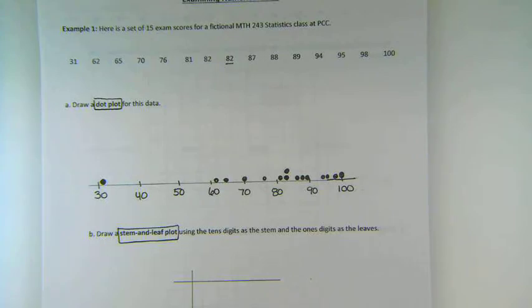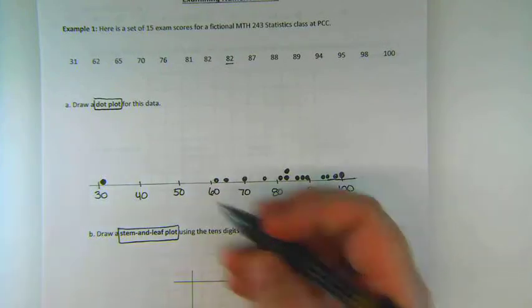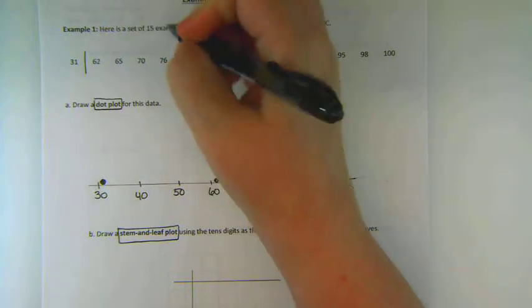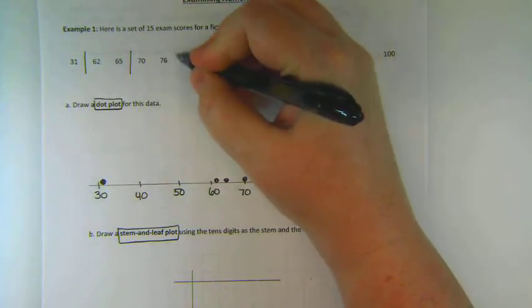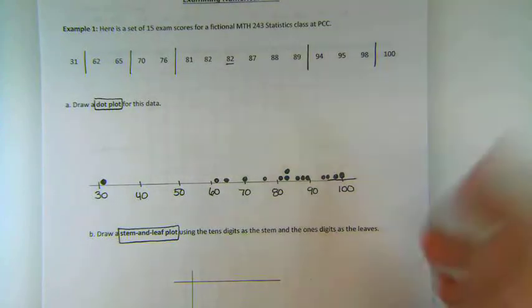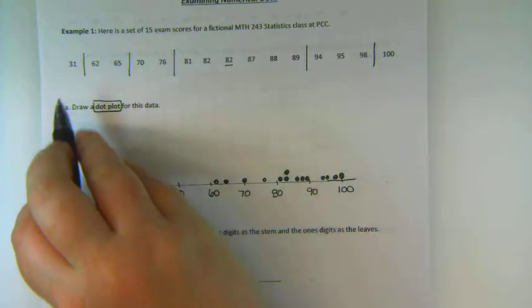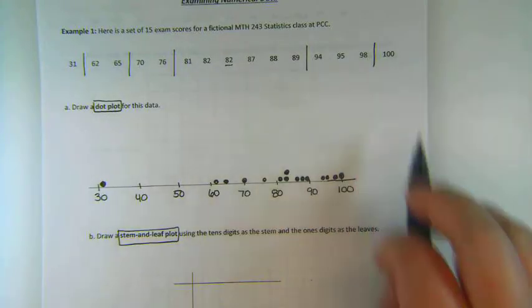But we're typically going to stick with data that looks like this. So what we want to do is separate our data into tens. Here's our information for the 30s, 60s, 70s, 80s, 90s, 100s. So you can see we have data all the way from the 30s place to the 100s place.